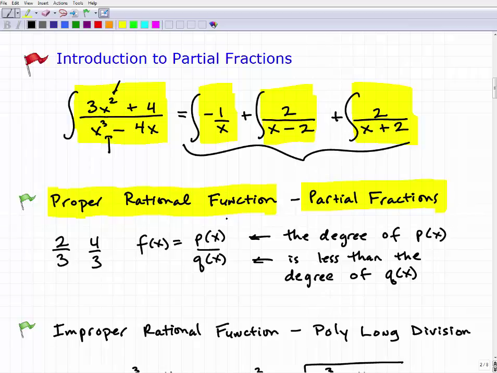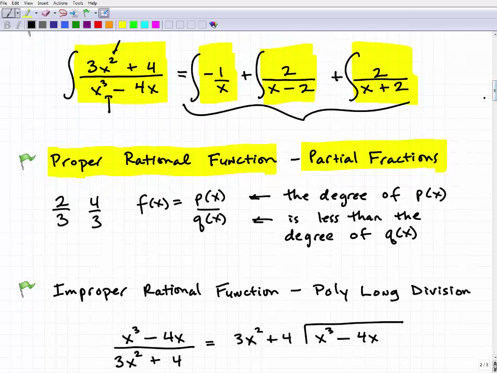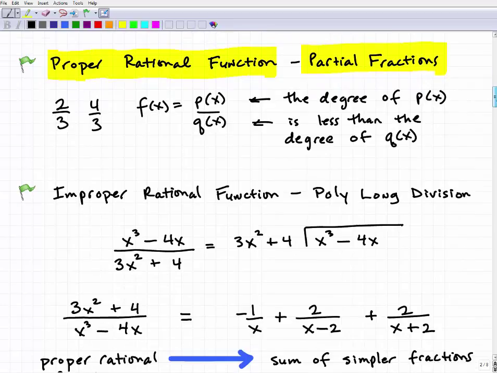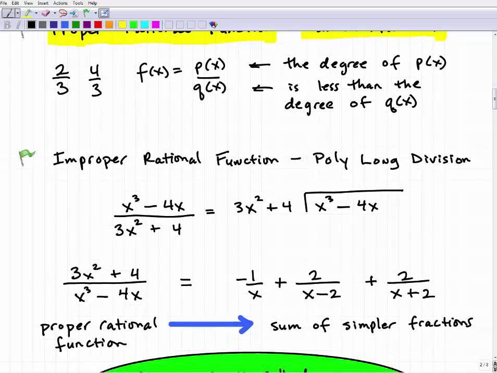Now, you can do things with improper rational functions and use what we're going to be learning in those type of problems, and you'll see this probably in some of the example sets. But an improper rational function, let's say I have this scenario, just kind of reversed it. Now the numerator has a higher degree than the denominator. What I can do here, if I wanted to break this up into simpler fractions, I can do polynomial long division. So you may hopefully remember what this is.